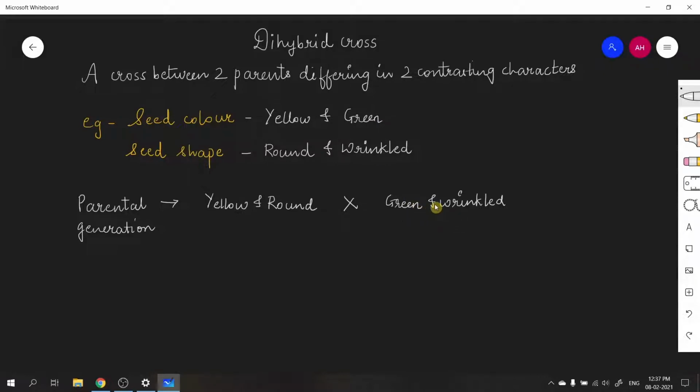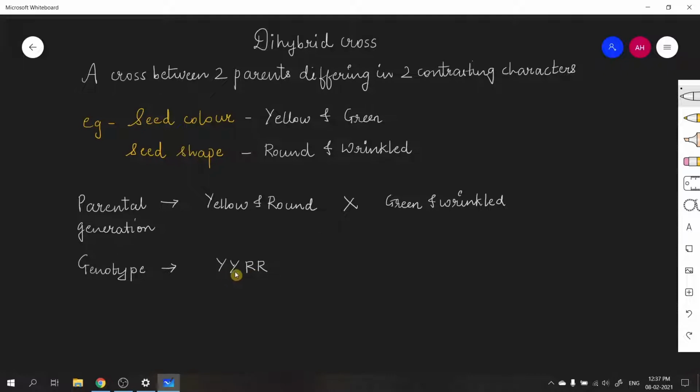Fine. Now next step is to write down the genotype. Now what is the meaning of genotype here? Genotype means a set of genes that are present in an organism for that particular trait. Now here we are talking about yellow and round seeds. So the genes that will be present for these characteristics are capital Y, capital Y, capital R, capital R. Capital Y for yellow, capital R for round.